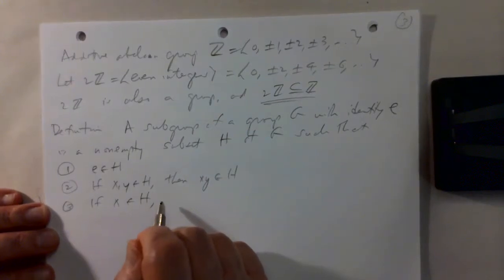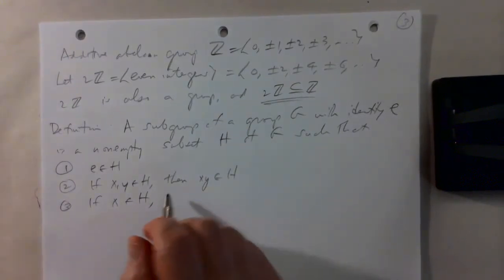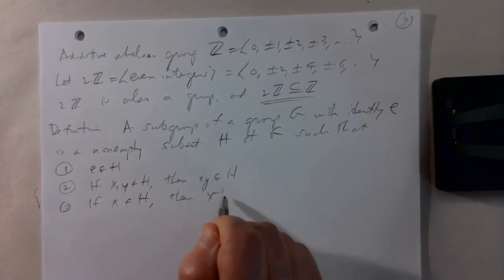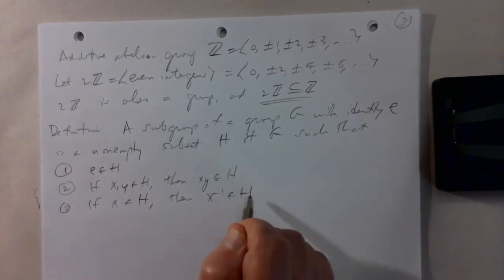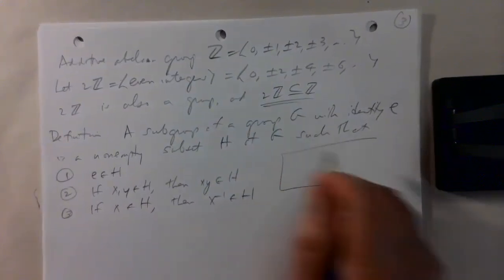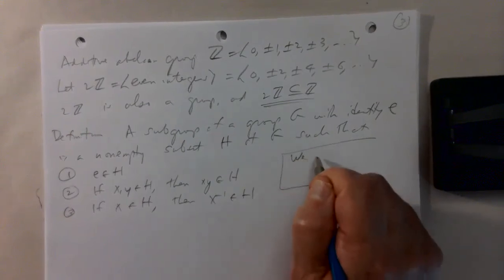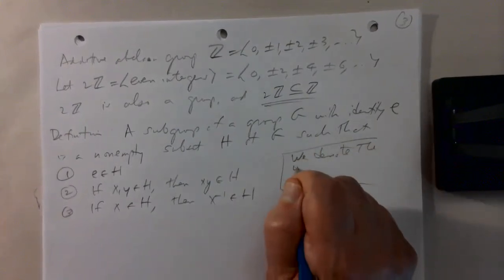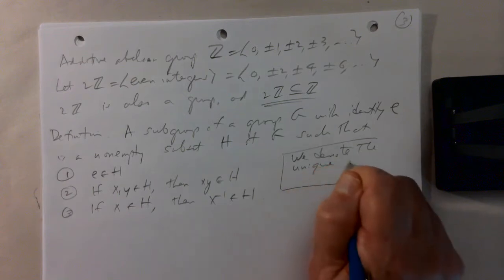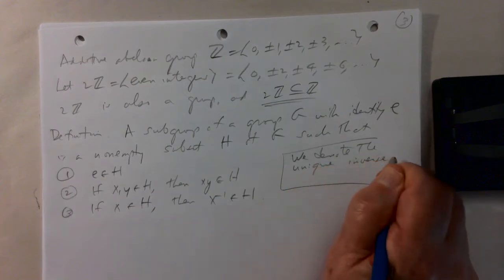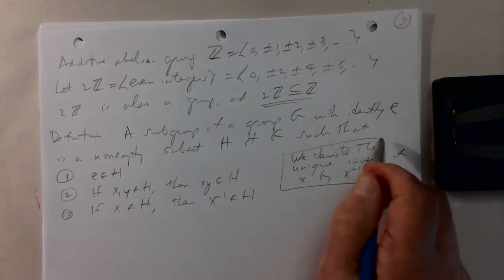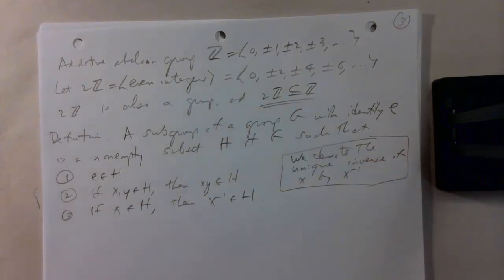If X is in H, we know X has an inverse in G. H is a subgroup if for every X in H, X inverse is in H. And I should have observed that we denote the unique inverse of X by X to the minus 1.